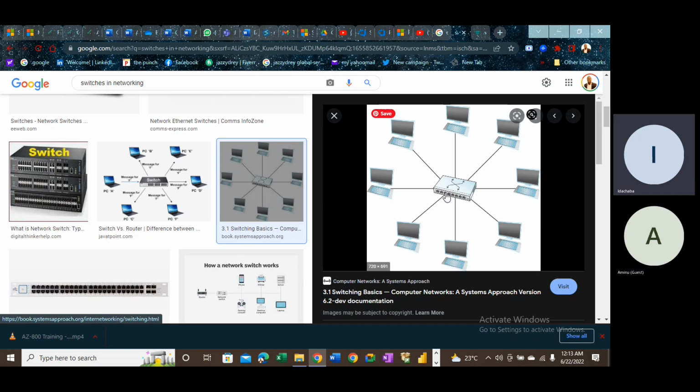Yeah. So there came the advancement of the switch. So your switch began to use some advanced technology. Okay. So one of the advanced technologies that switches use, or the idea of that networking, was what we call collision domain.